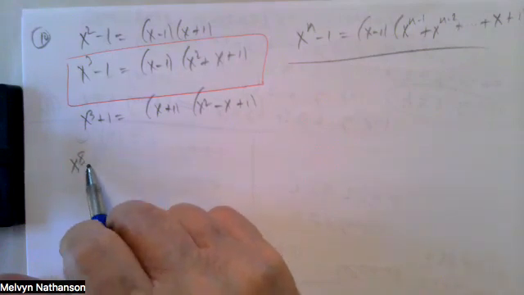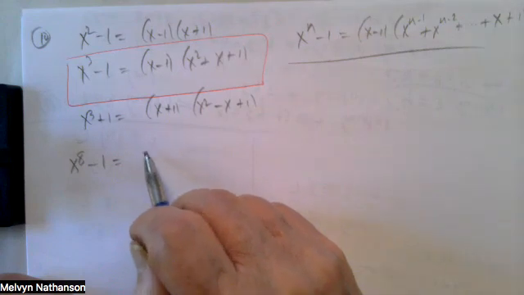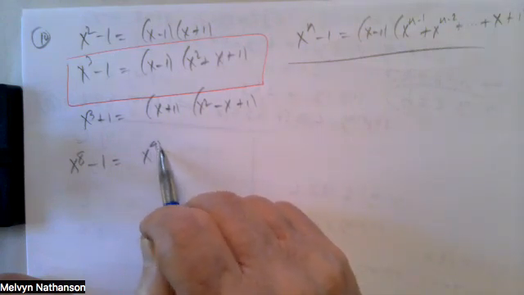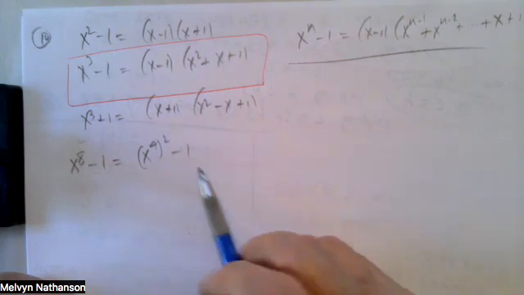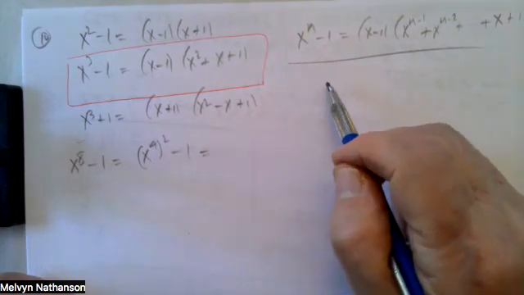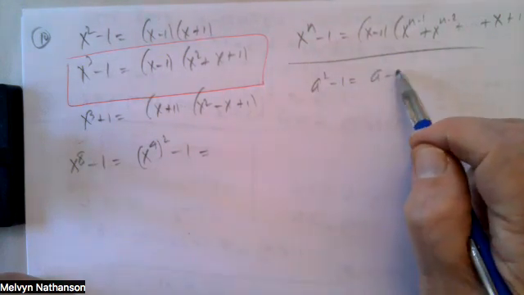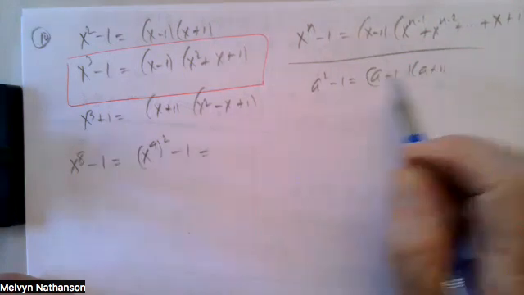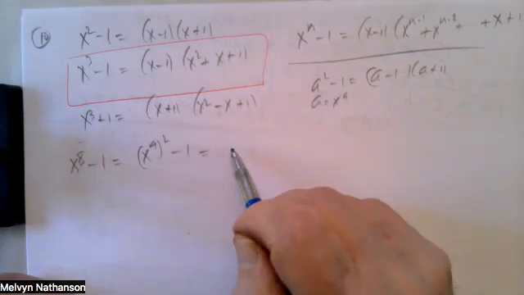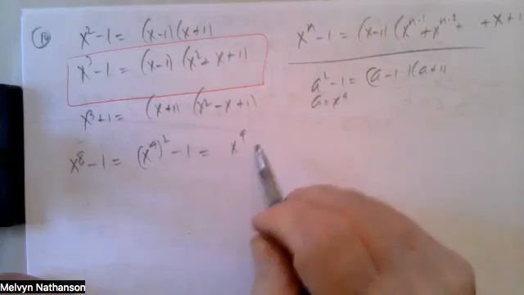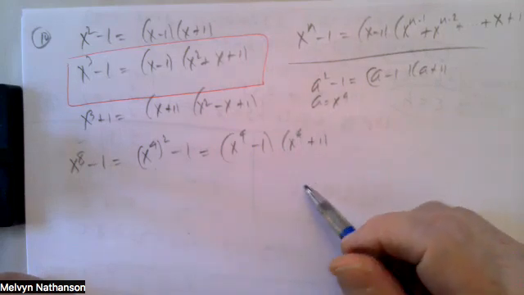x to the 8th minus 1, this is a little trickier, but 8 is 2 times 4. So this is the same as x to the 4 squared minus 1. And a squared minus 1 factors, right? You always have a squared minus 1 is a minus 1 times a plus 1. So here, a is equal to x to the 4th. So this is x to the 4th minus 1, x to the 4th plus 1.